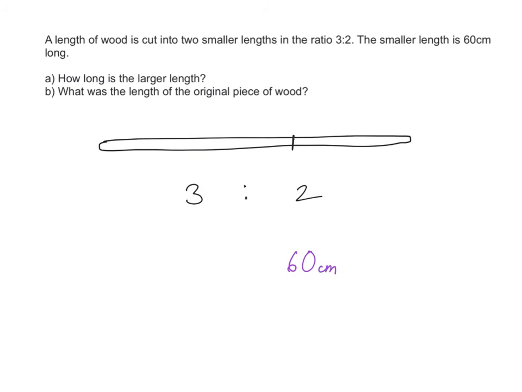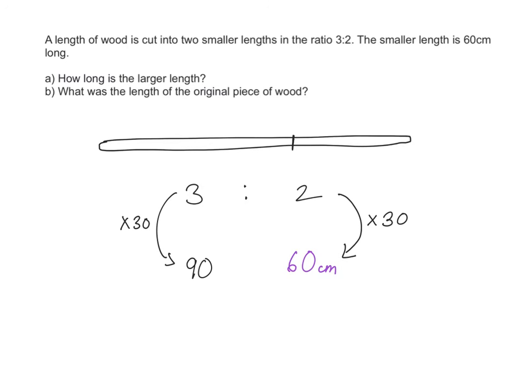Well, the thing that we need to do here is see what is the relationship between 2 and 60. Well, clearly the multiplier there is times 30. So all we need to do is multiply the 3 by the same multiplier, 30. 3 times 30 is 90.